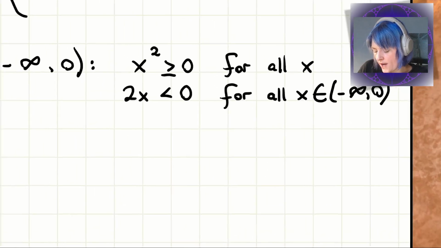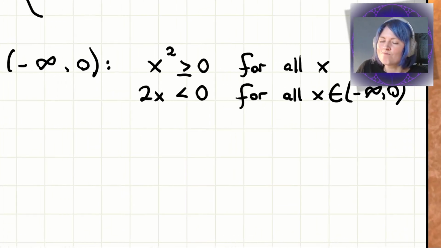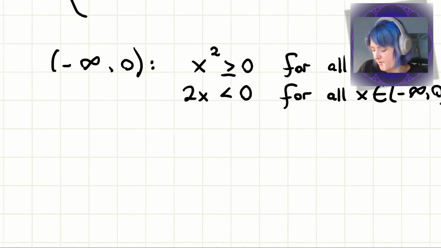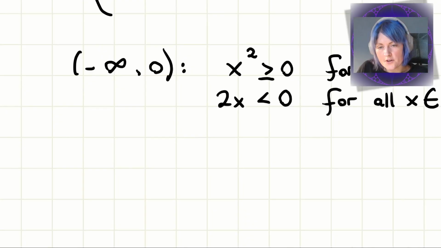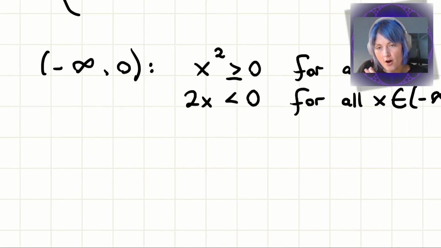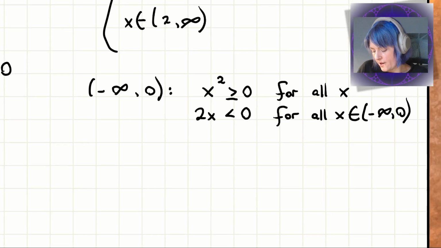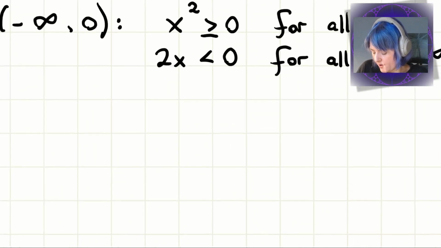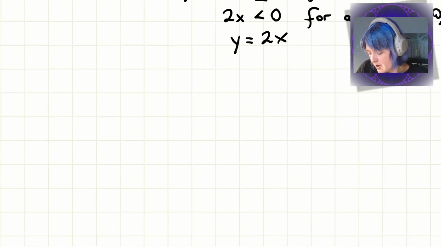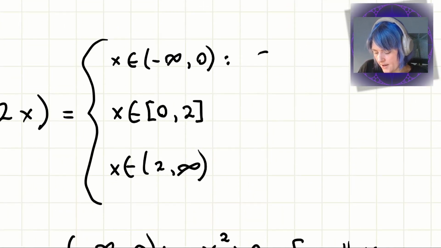So function 2x has values that are negative in this interval, negative infinity to 0, but x squared is going to be greater than or equal to 0 no matter what for all x. That's a good enough justification for this part to say, therefore y equals 2x is the minimum. So let's write that here.